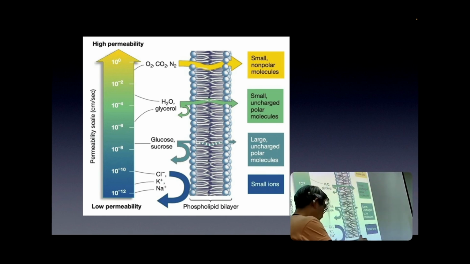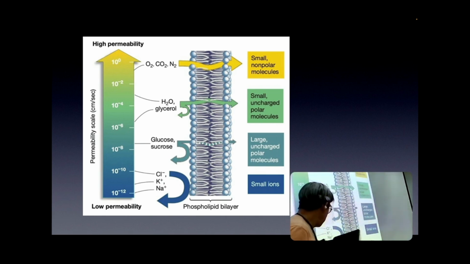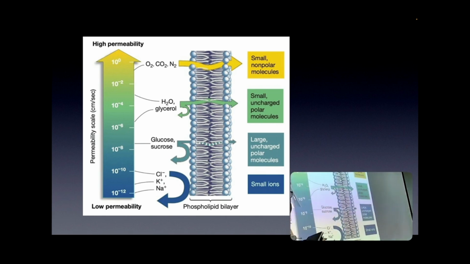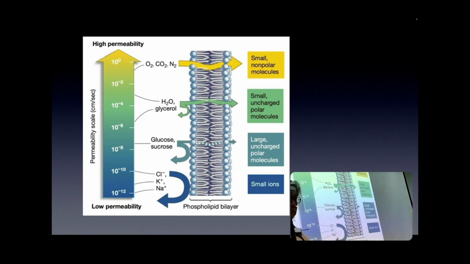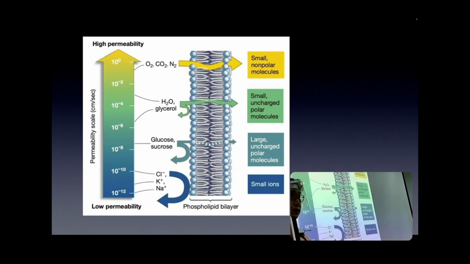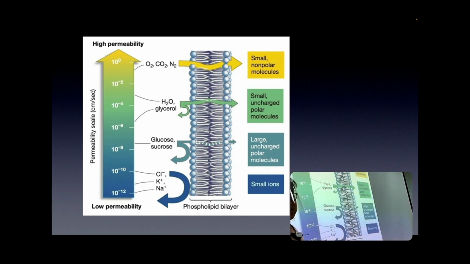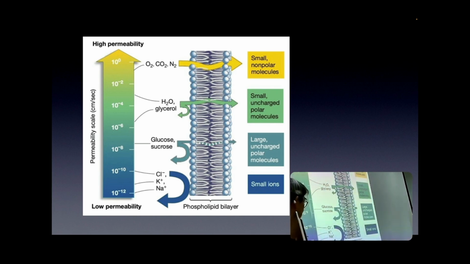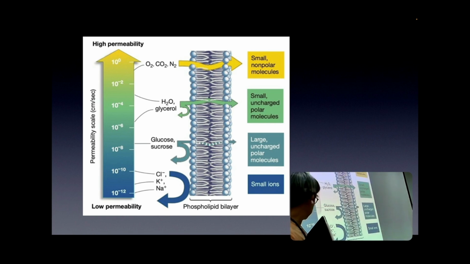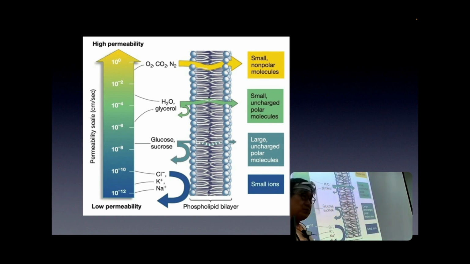And a little bit of a surprise might be these guys. How would you classify them? Ions, right, thank you. They are ions. Are they big? They are very small, tiny. Hydrogen is not here, but hydrogen ion should also be included over here.